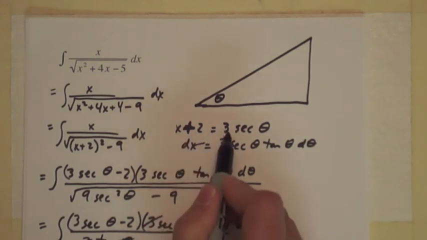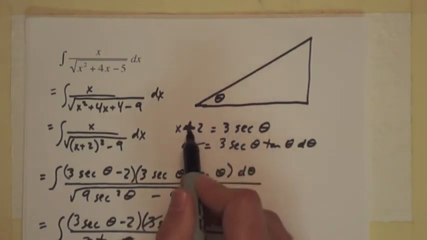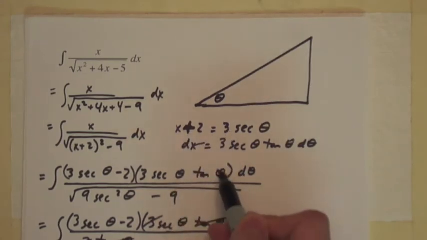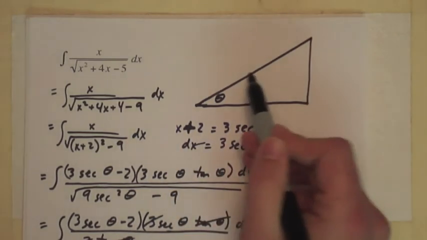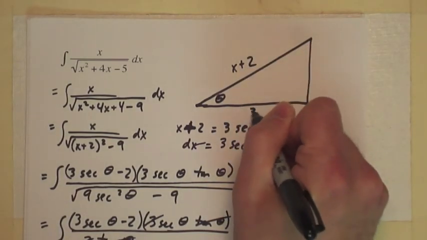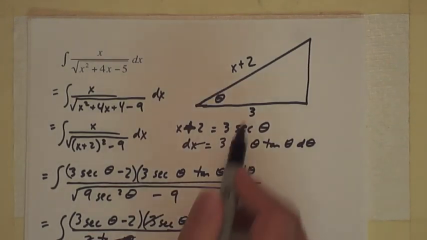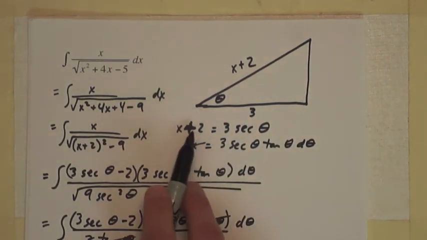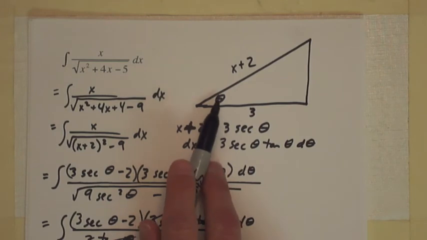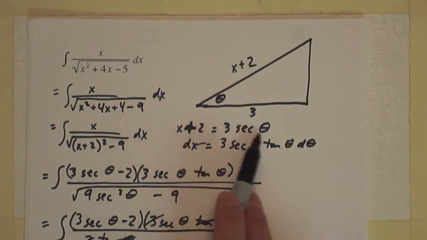If x plus 2 equals 3 secant theta, then secant of theta is x plus 2 divided by 3. That means that the hypotenuse over the adjacent is x plus 2 divided by 3. So this triangle captures the situation, and you can convince yourself that indeed the secant of theta is x plus 2 over 3, which is the same as this.